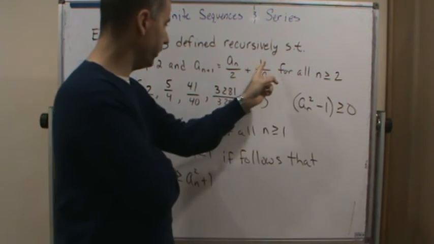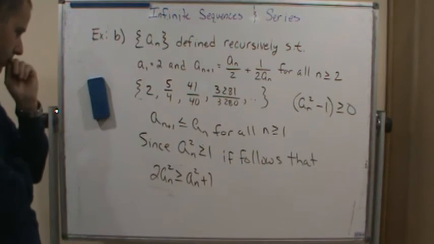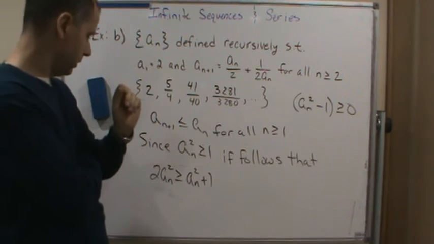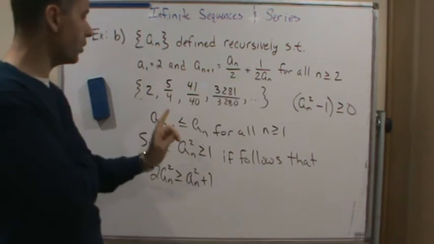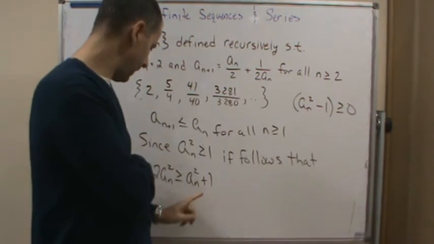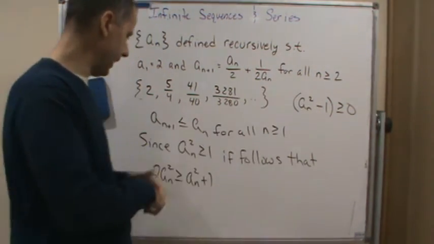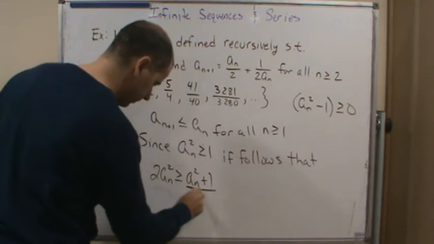Well, I want a 1 over 2a sub n here, and I've got an a sub n squared. So if I divide both sides by 2a sub n, what does that get me?